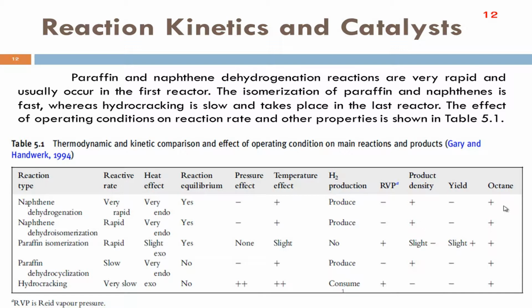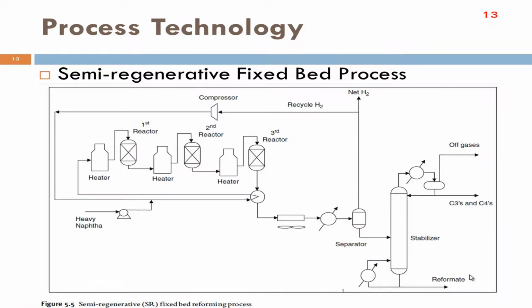This slide, next slide, shows how they put the heaters in the configuration of the system. So we have to put a heater for the first reactor and then some heater again to push the reaction forward. This is one kind of configuration.